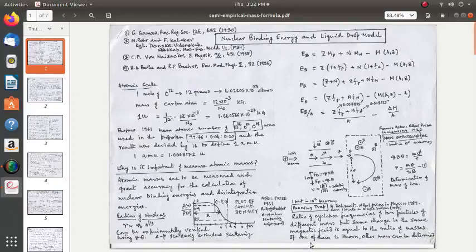If one of the masses is known, from the ratio the other mass can be determined very accurately, and this accuracy can go up to 1 part in 10 to the power 10. So that is delta m by m is 10 to the power minus 10. And for this type of work, H. Dehmelt won the Nobel Prize in Physics in 1989.